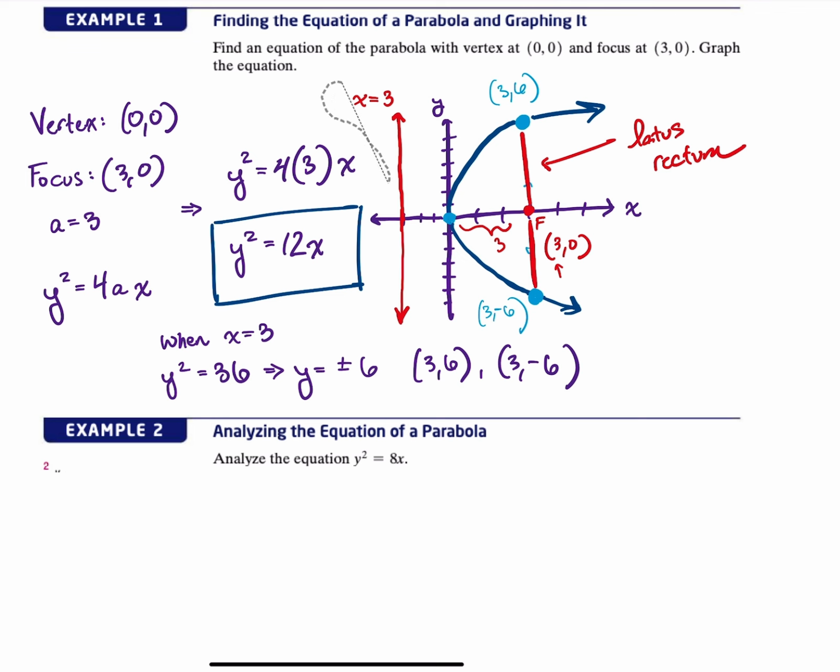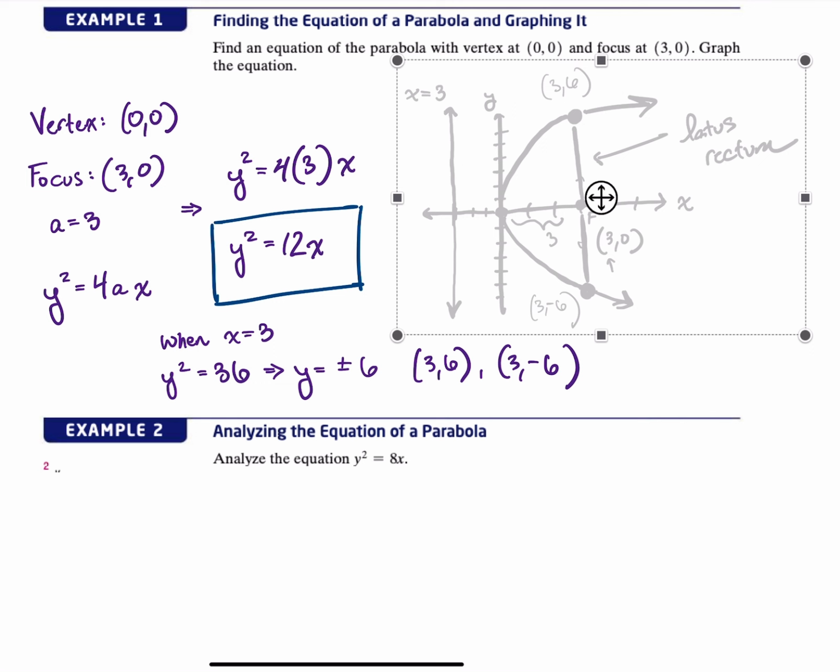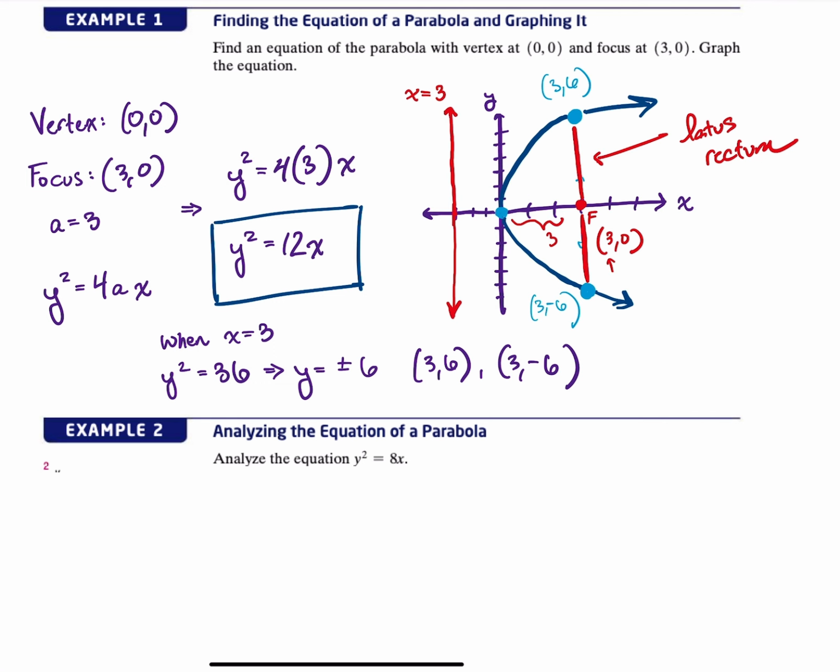So it's got a little bit crowded. Let me scoot this over, at least make it more visually separated. This just wanted us to find the equation and graph. But you'll be asked often for these different attributes, like what is the equation of the directrix? What are these 2 additional points on the parabola?